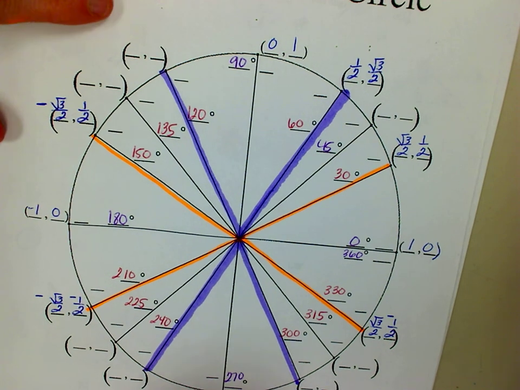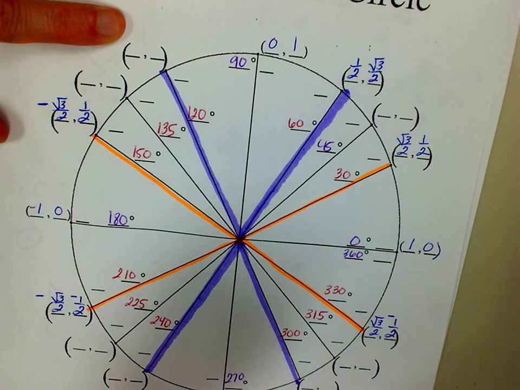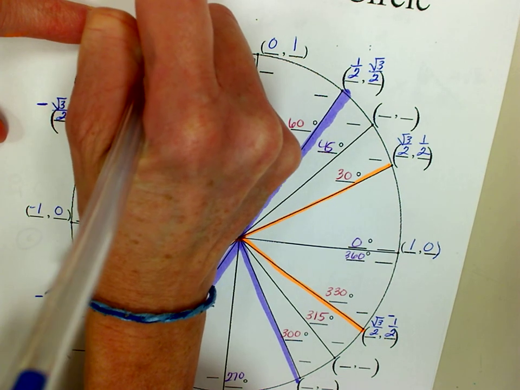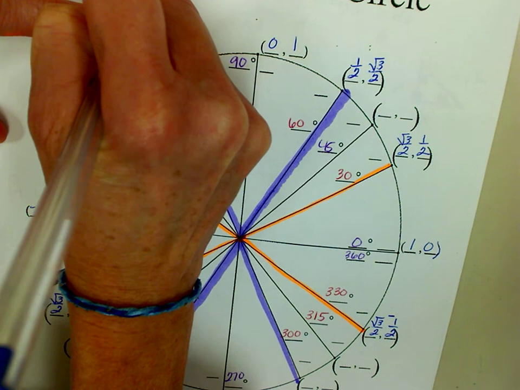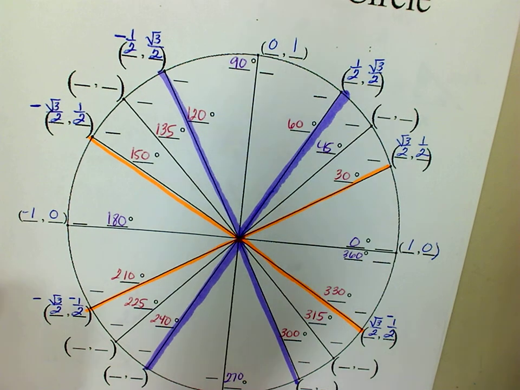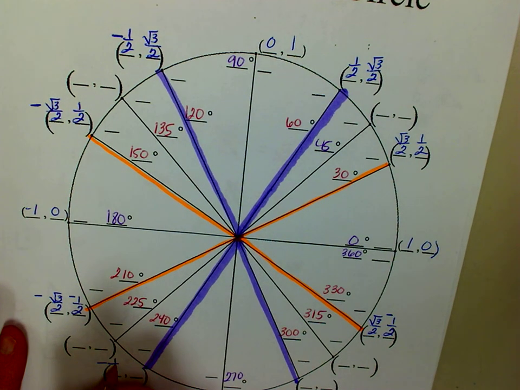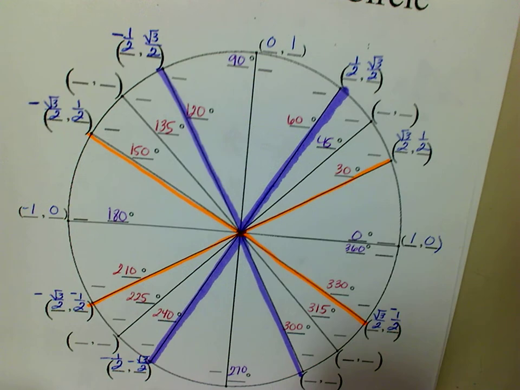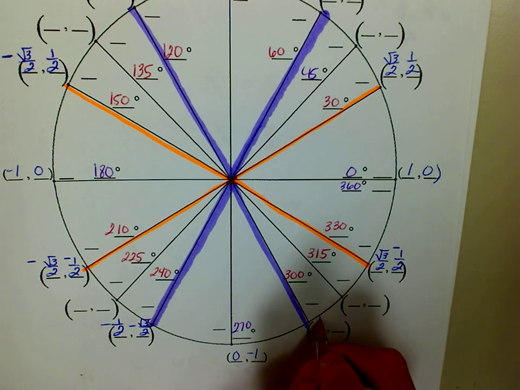But in the second quadrant, x is negative and y is positive. Down here, I'm using these same values, except they're both negative. On this one, again, I'm using the same values, except the y is negative this time.